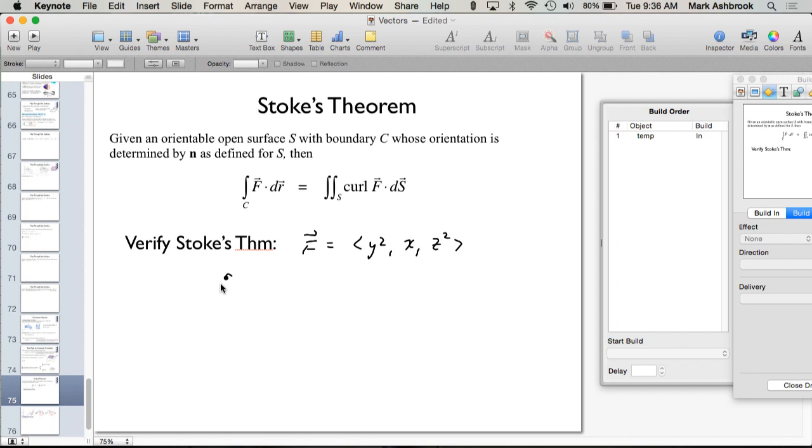And S is the part of z equals x squared plus y squared below z equals 1, oriented upward.